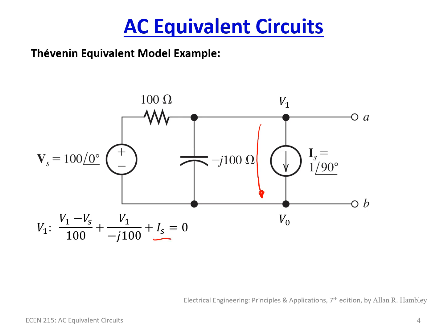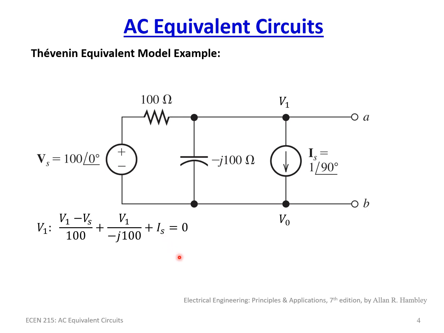That's Is, and it is going in the direction that we want. If it was in the opposite direction, we would put a negative sign in front of it. But in this case, we were given Is going in that direction.